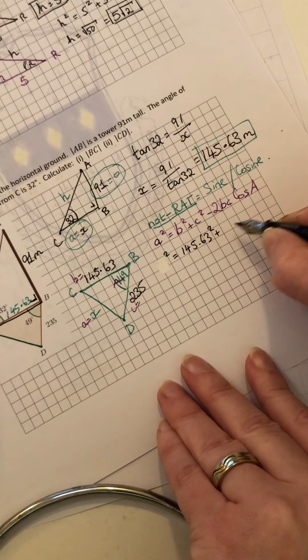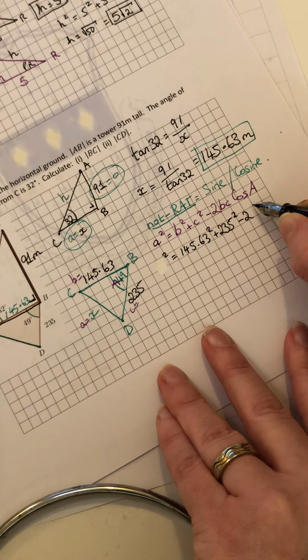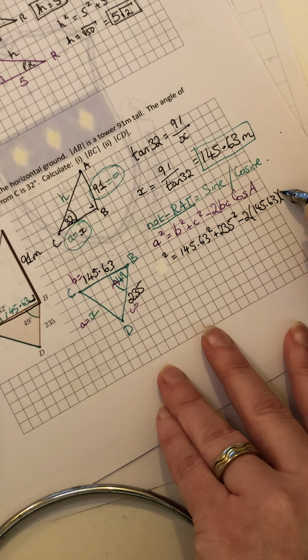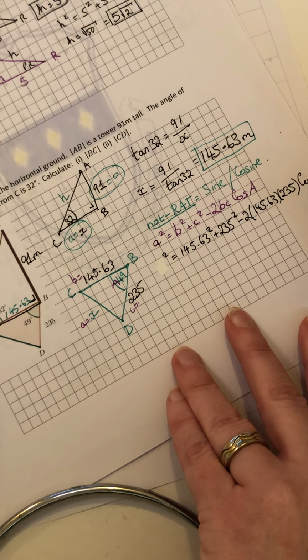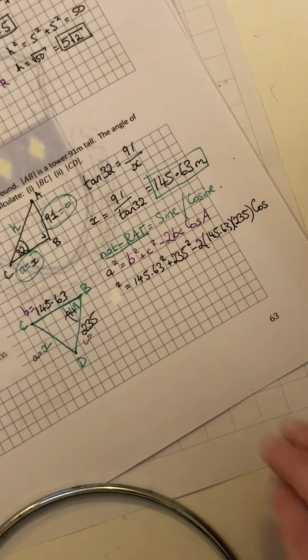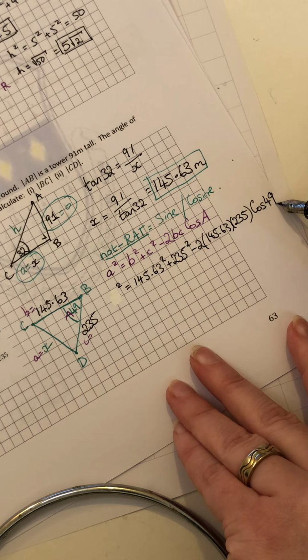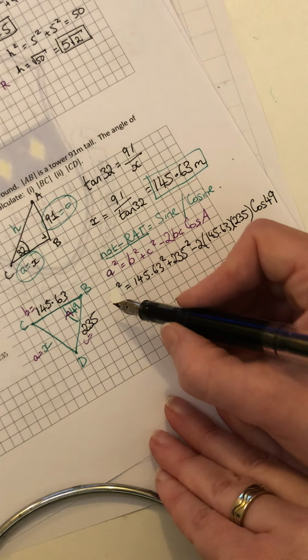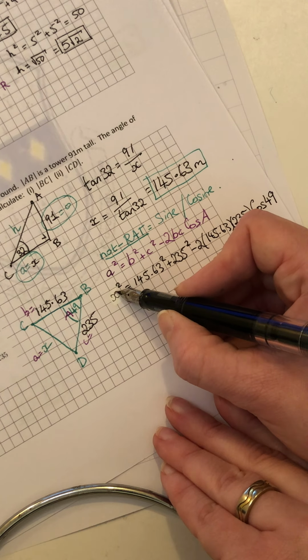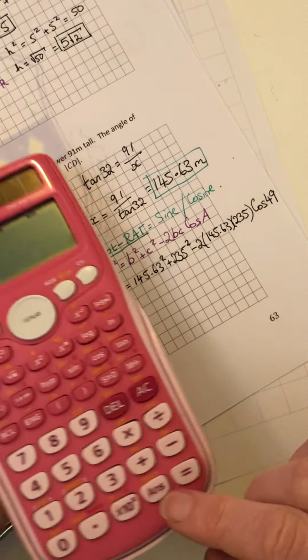145.63 squared plus 235 squared minus 2bc, 235 by cosine of the angle in between, by cosine of 49. Sorry, that is a bit squashed there. So the side I'm looking for squared will be that. Let's just type that into our calculator in one go.